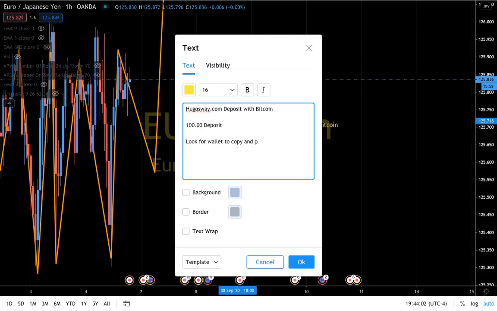Then you go to Cash App. You're going to go to the squiggly line and go to buy Bitcoin. You're going to buy Bitcoin through Cash App.